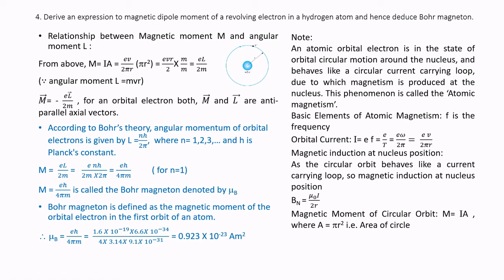After simplifying, we get the value of Bohr's magnetic moment as 0.923 into 10 to the power of minus 23 amps meter square. This is the required answer.